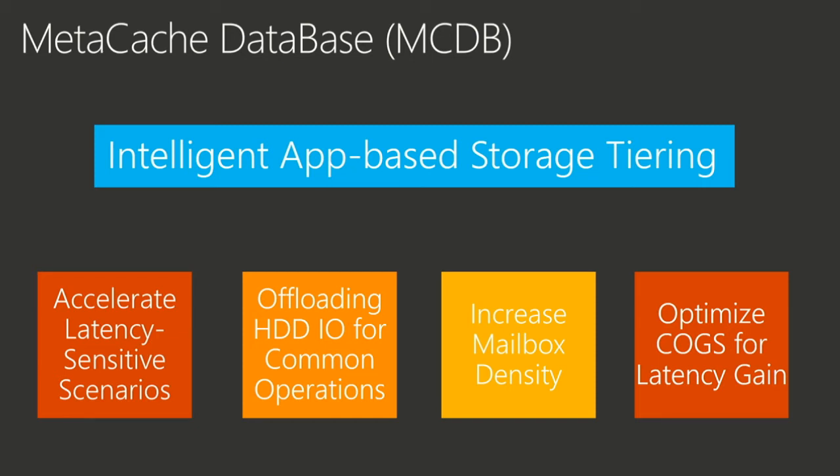We can do this because we know exactly what data is stored and where, and how it's accessed, and any access patterns that we see. Traditional storage tiering systems can't do that because they are not aware of the context of that data.